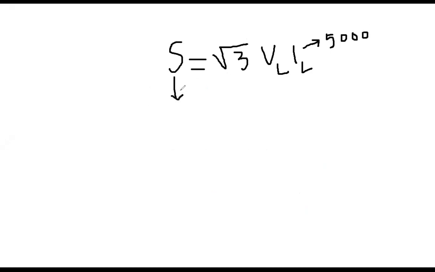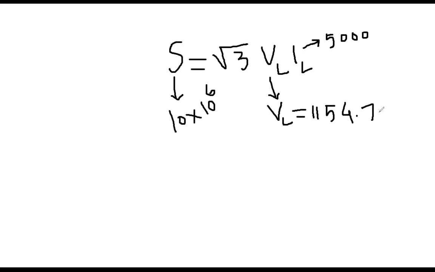The S value is 10 MVA, which means 10 multiplied by 10 to the power 6 volt-ampere. Therefore, you will be getting this VL value, which is approximately 1154.7 volt.